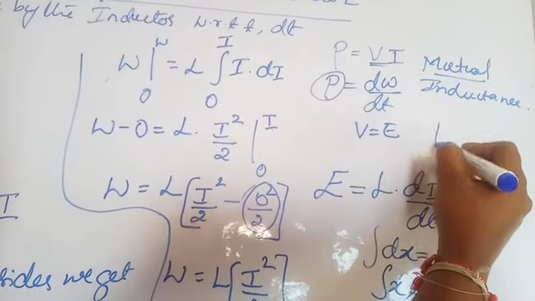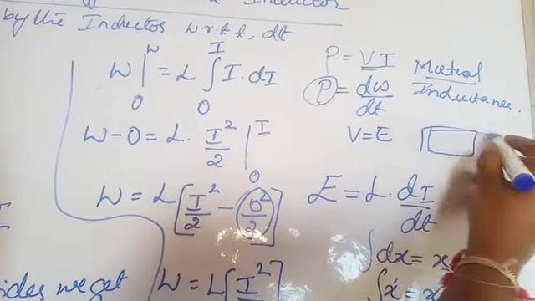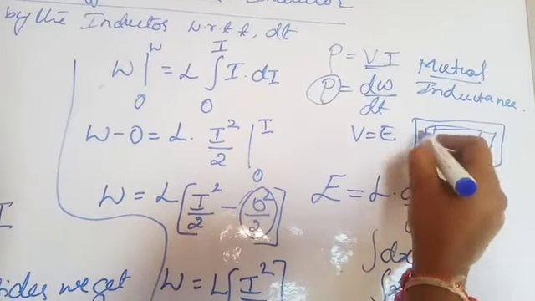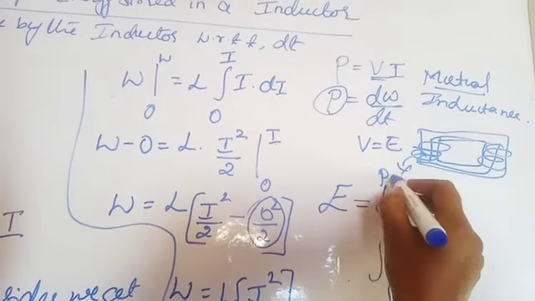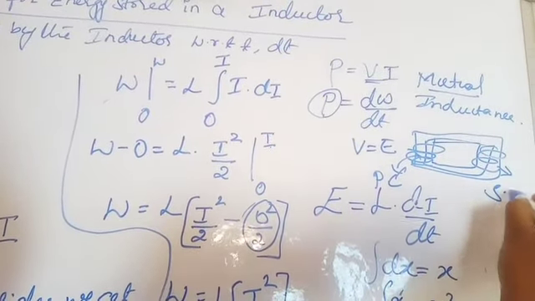You know that in the transformer, let me consider the transformer. It consists of a number of turns. This we can take as a primary coil and this we take as a secondary coil.